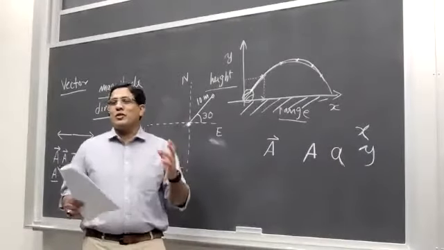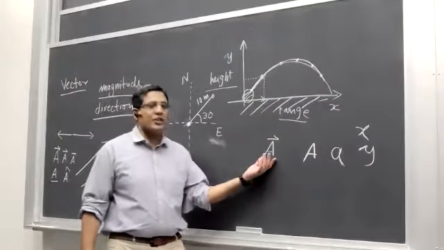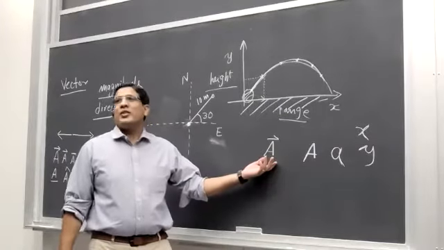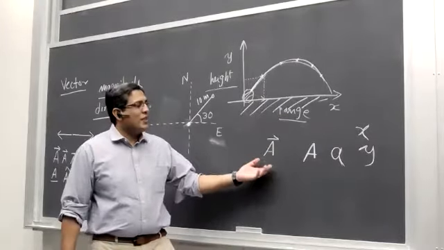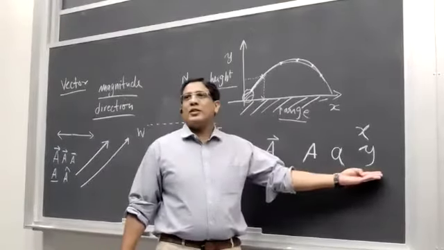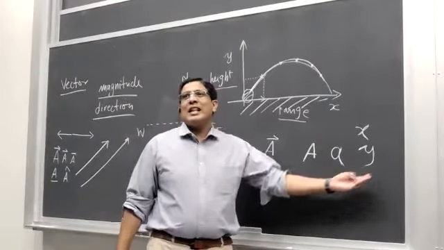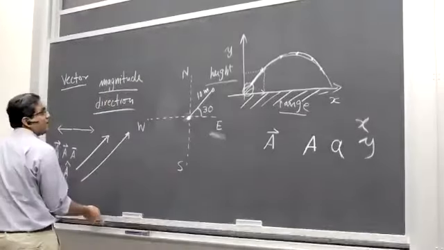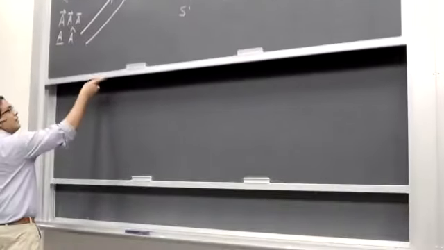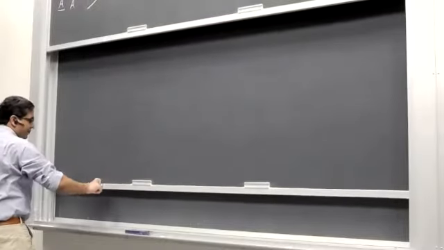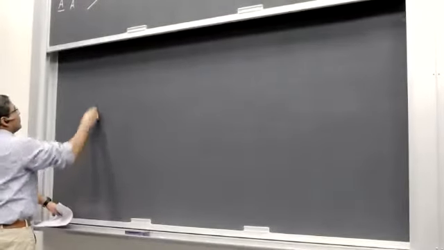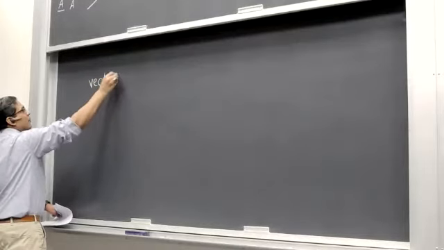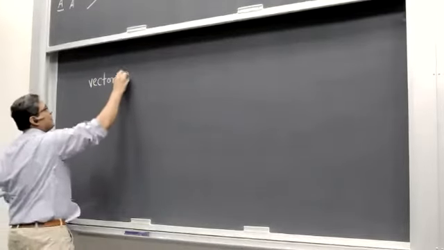Vectors have all the algebraic rules for their addition, for their subtraction, for their multiplication, all right? In a similar way, you have the rules for scalars, all right? And vectors also have their own calculus. So today we are going to learn most of the vector algebra.